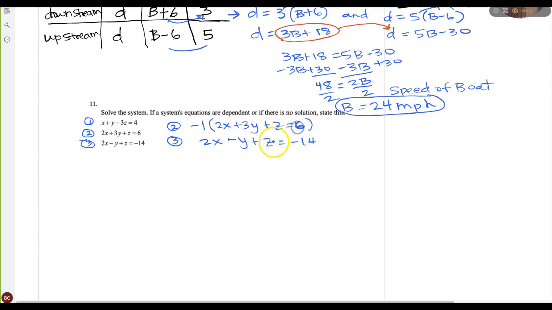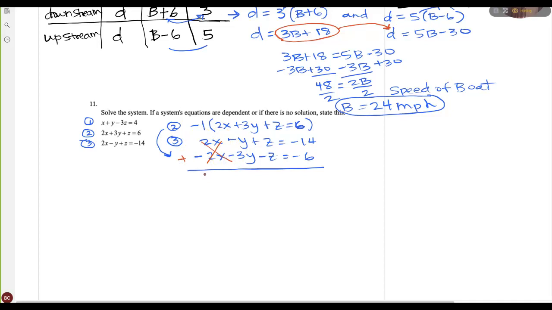Looks kind of weird. All right, so I'm going to rewrite this down here after I distribute that negative through. So I get -2x minus 3y minus z equals -6, right? I got to make all of those negative. And now when I add these together, I can see that I get rid of my x's, right? Which is what I was trying to do.